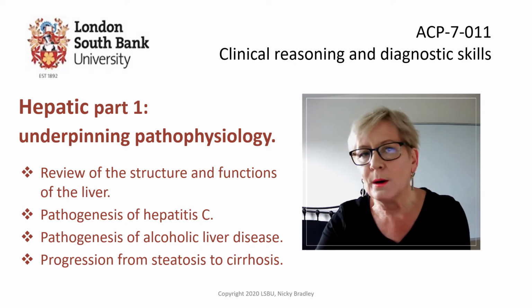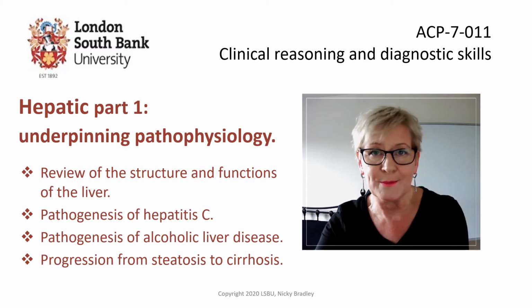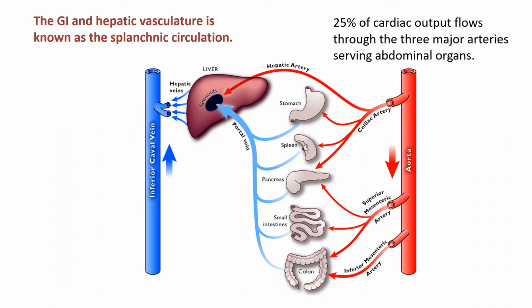In the second part, we'll look at the applied pathophysiology, so we'll look at signs and symptoms. So I know we covered some of this in a handout beforehand, but just to go over it again, we need to look at this major circulatory flow in terms of the abdominal organs.